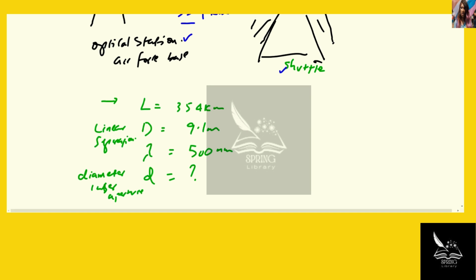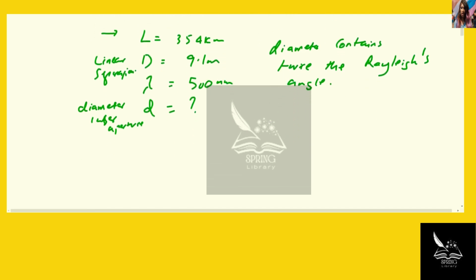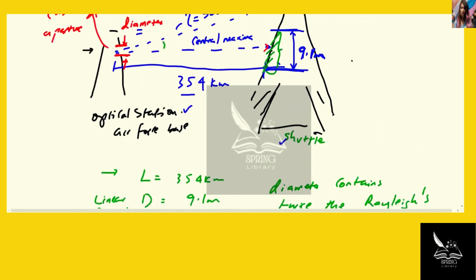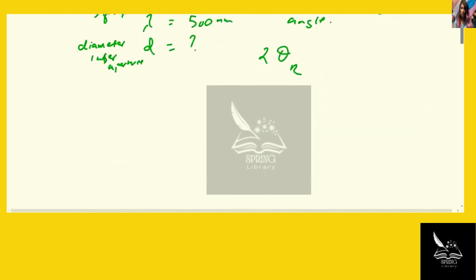The diameter contains twice the Rayleigh's angle, and because of that, we're going to say that 2 theta r is equivalent to 2 times 1.22 lambda over d.